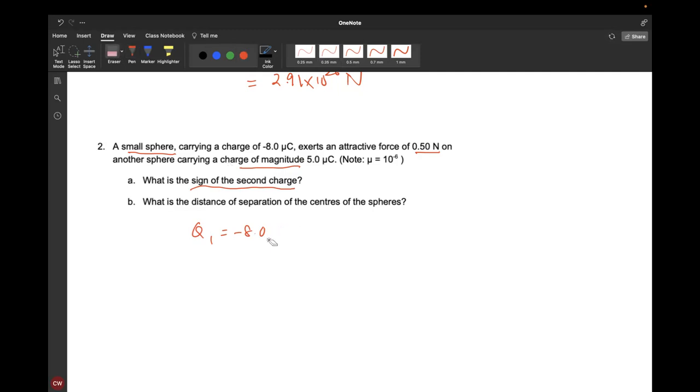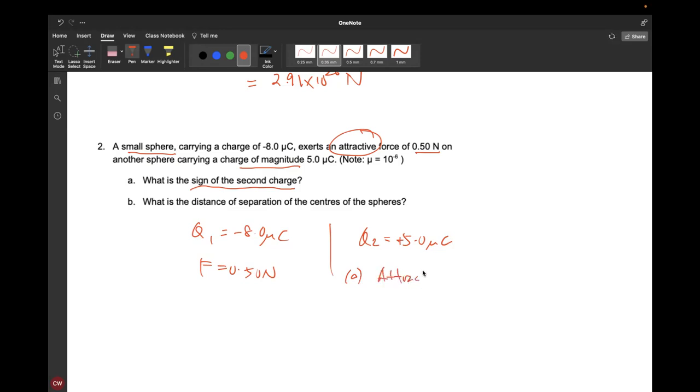Microcoulomb. The force is 0.5. Another sphere has a magnitude of charge. The other one, they didn't tell you whether it's positive or negative. You only know this. But since this is attractive, that means it's unlike charge. Unlike charge means the second one has to be positive.